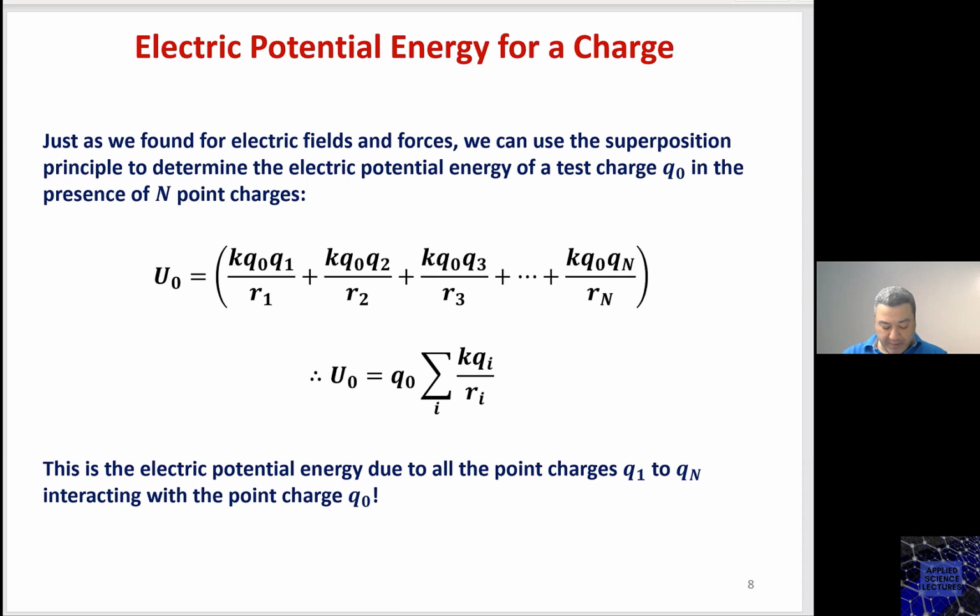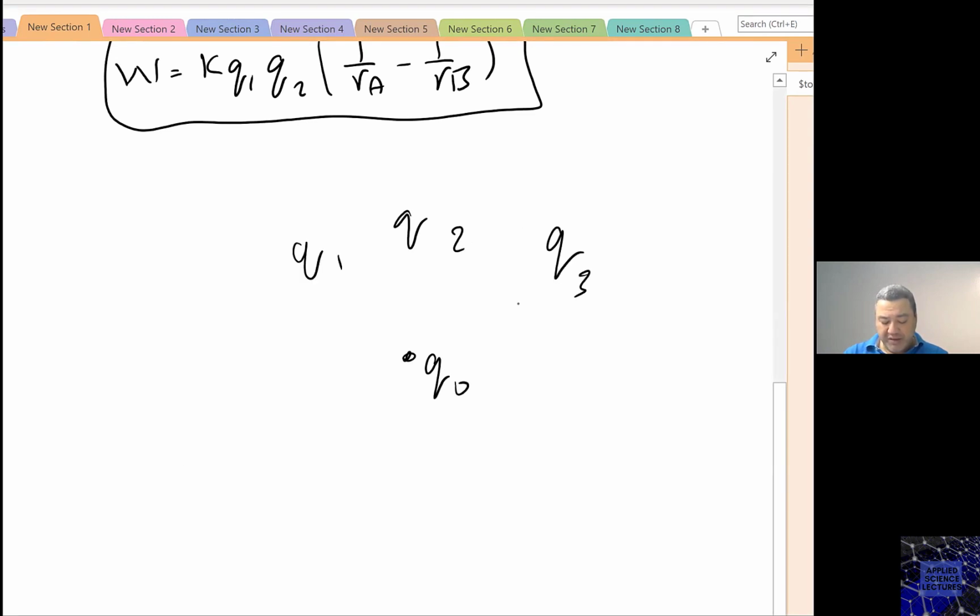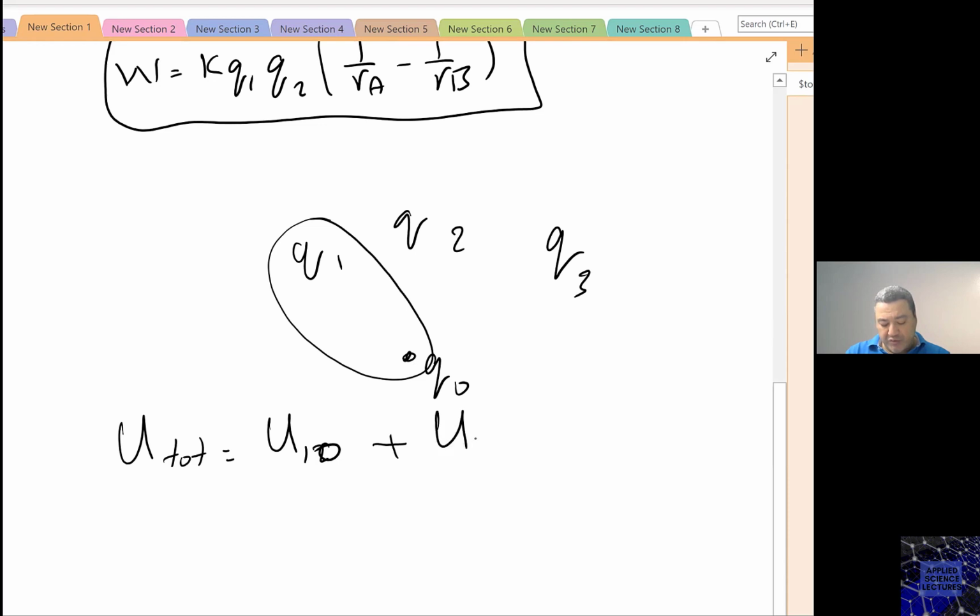For example, if I am to calculate the electric potential energy for a test charge Q naught, and I have Q1, Q2, Q3, then I have to take the summation of all the electric potential energy due to those charges, which means that U total would be the electric potential energy due to U1 naught and also U2 naught plus U3 naught.